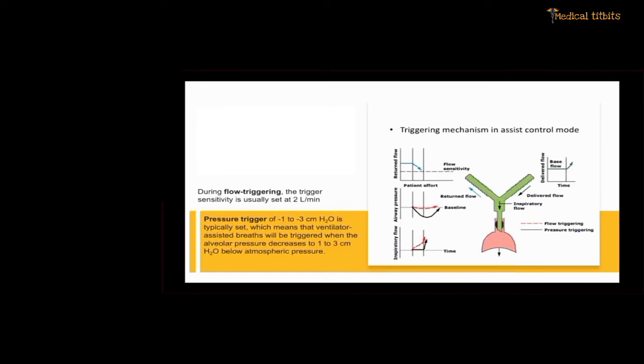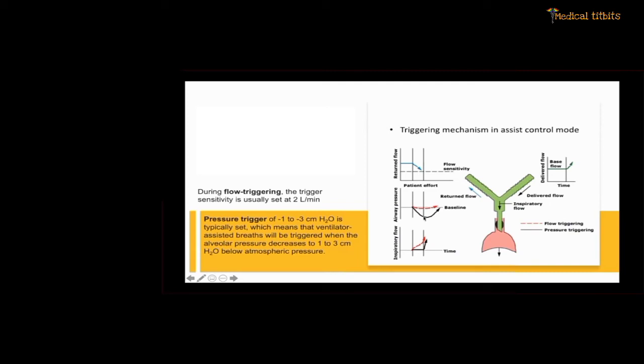Triggering mechanism in assist control mode, quick revision. I think there are two kinds of triggers: flow sensor trigger or pressure trigger. There is a continuous flow delivered from the machine, and the machine will check for return flow. When the patient tries to attempt a spontaneous breath, the return flow reduces. So to compensate for that, the machine will sense it and the bias flow gradually increases, and then the machine proceeds to give an assisted breath.